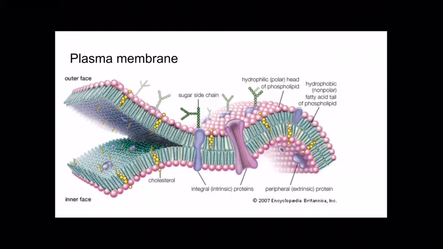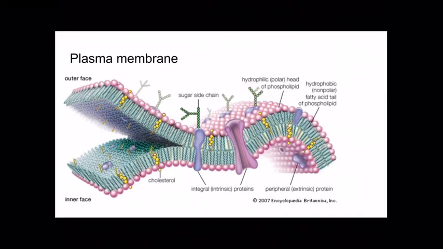In fact, the model that we use to describe all of the movement and activity of the cell membrane is called the fluid mosaic model. So our cell membranes are a fluid mosaic. It's made of many different parts, like the proteins, the cholesterol, the phospholipids, but it's a fluid mosaic. So anyway, that's the plasma membrane or the cell membrane.